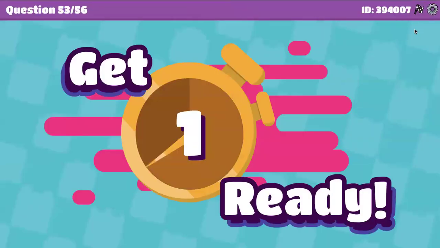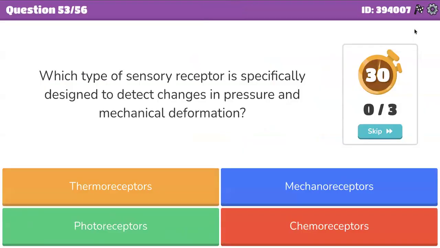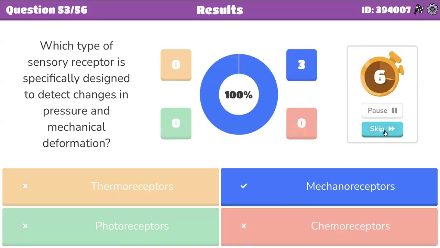Osteoblasts build the bones. Which type of sensory receptor is specifically designed to detect changes in pressure and mechanical deformation? Mechanoreceptors.